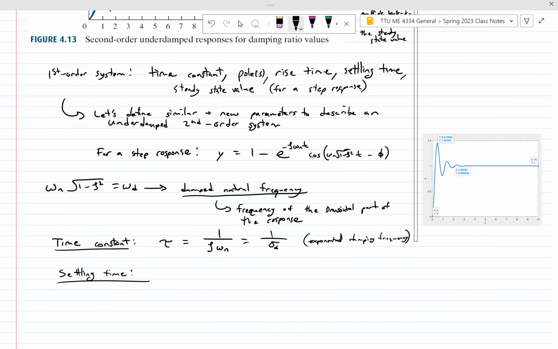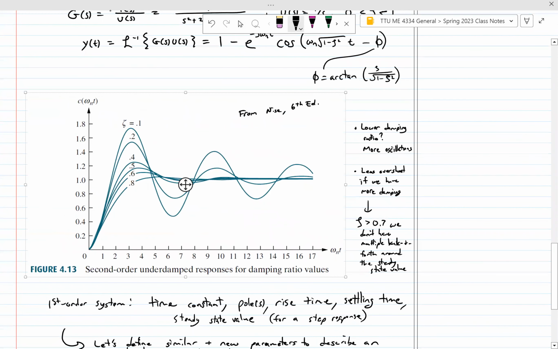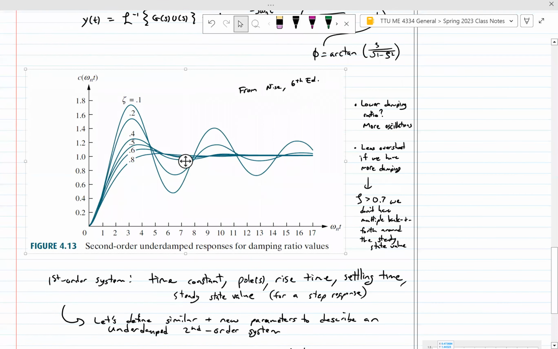How long does it take for all these oscillations to kind of die out and we reach approximately that value of 1? All right, what do we think?